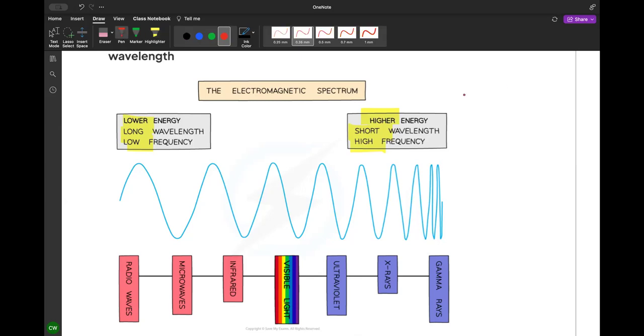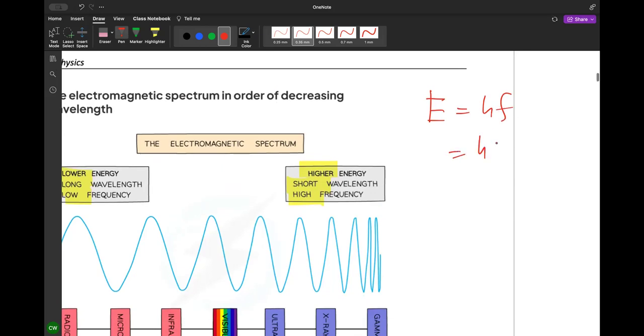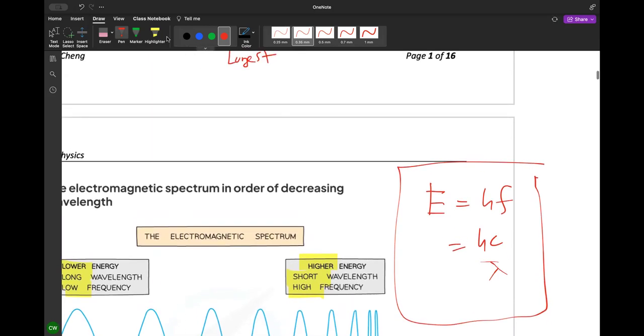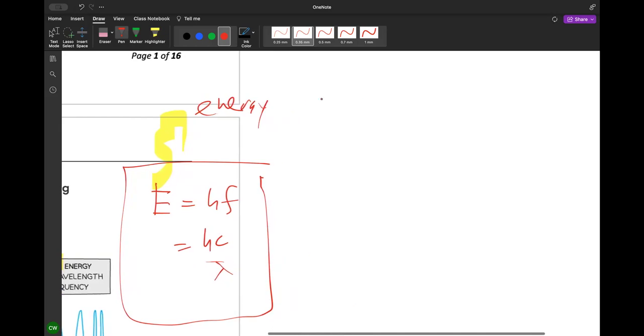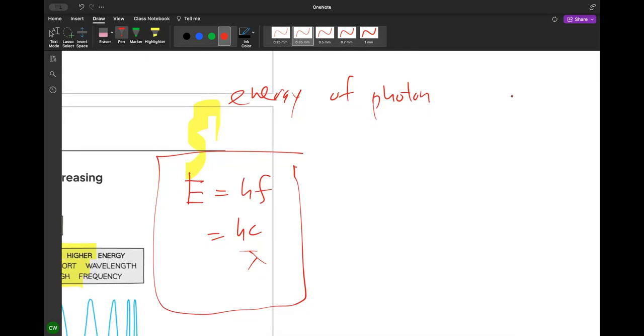Why like that? Because this is related to energy of photon, E = hf or hc over lambda. You learn this one in future. Do you know what E stands for? E stands for energy of photon. Do you know what is photon?